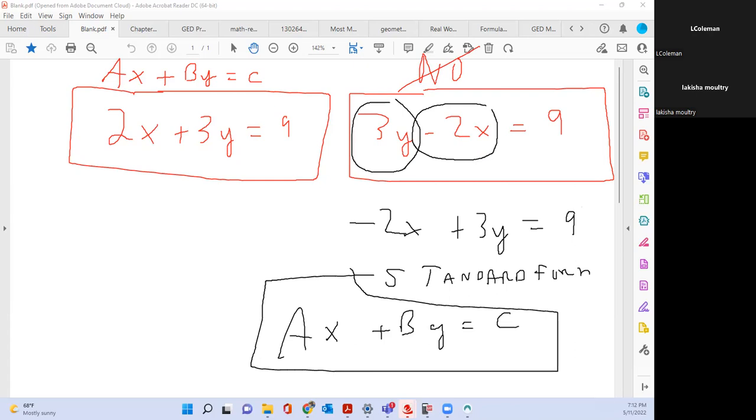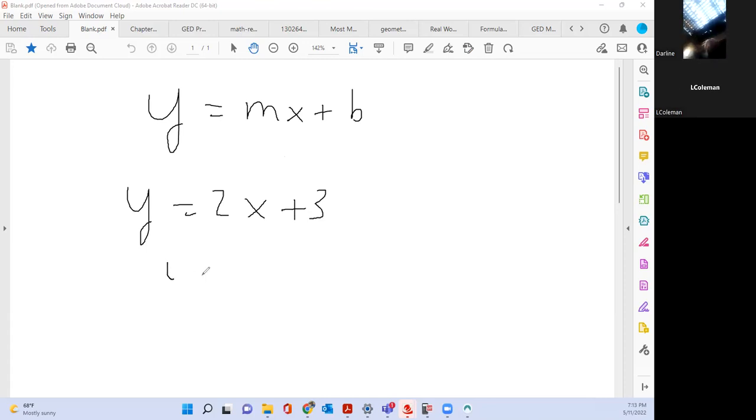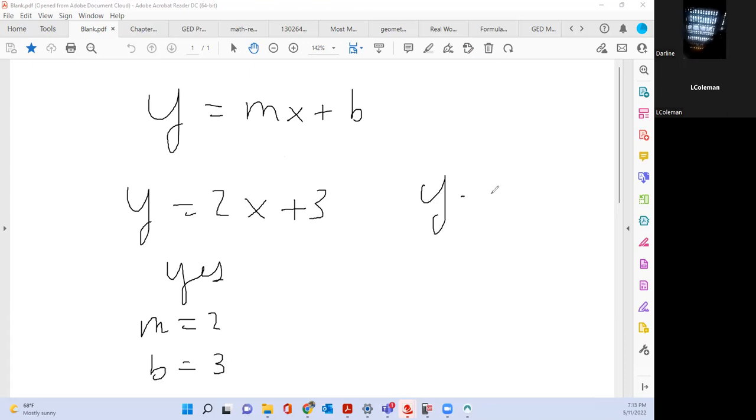That's one mistake people have been making. Y equals MX plus B. This is slope-intercept form. Is this in slope-intercept form? Yes. Your slope is 2. Your y-intercept is 3. Y equals minus 3 plus 2x. Is this in slope-intercept form?